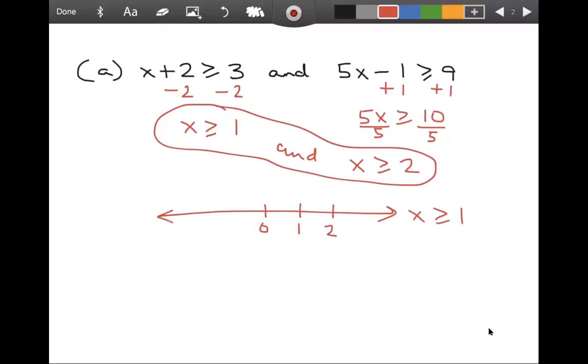The graph of this inequality looked like this. You have a bracket at the 1, and then we're coloring everything to the right of 1. And then we do the same thing for x is greater than or equal to 2. 0, 1, 2.